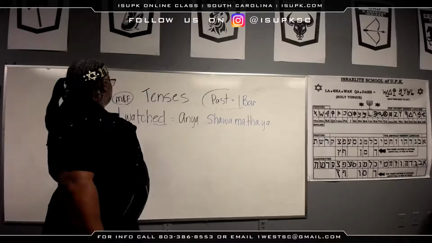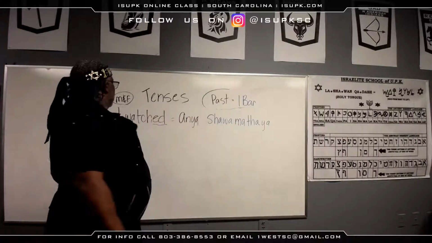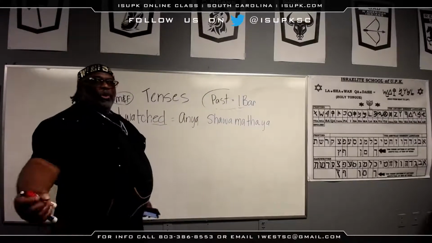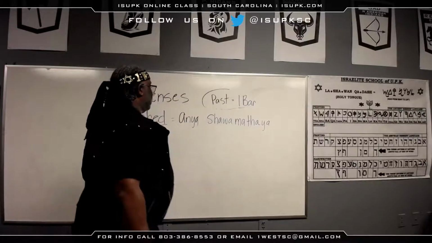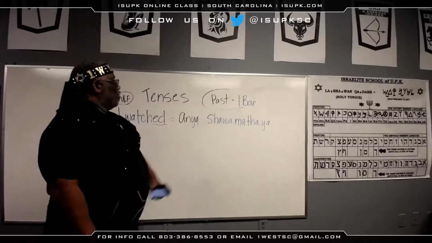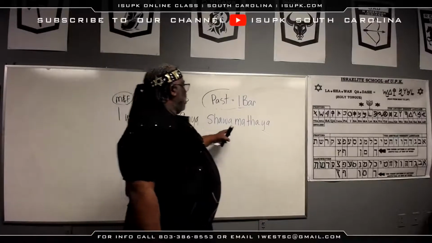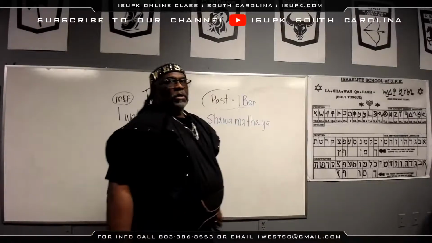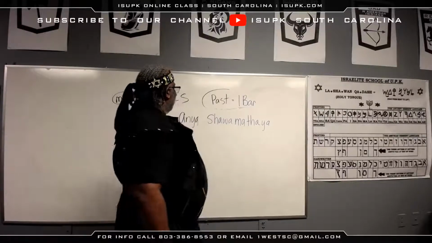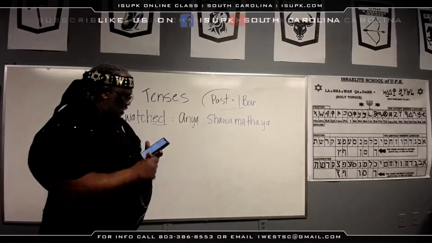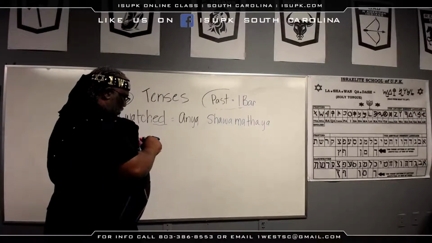When you talk about sentence tenses in the past tense right here, I watched. You already watched. You don't have to say Anya Shamar, go and watch. All you got to do is say Anya Shamar Ta. Shawa Mataya. And you can see the word in here, Shamar, is right there because Shamar means to watch.